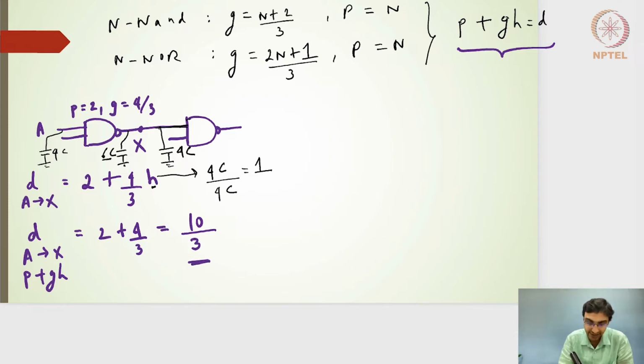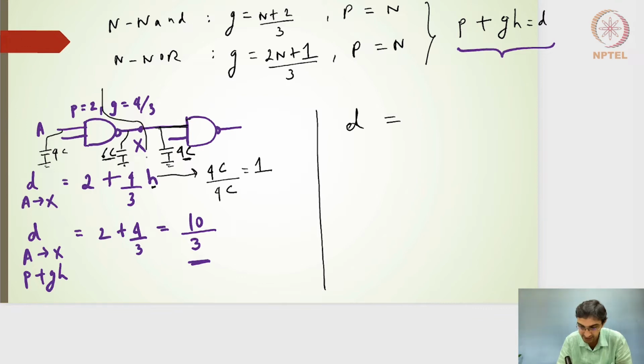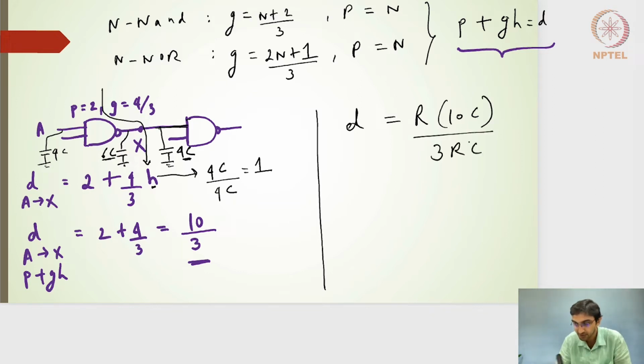So let's try to validate this using my own capacitance model. I've written the capacitance model here, 6C and then 4C. I need to find the normalized delay, so I'm going to write the overall delay, assuming the switching resistance for charging and discharging is R. So R into the 10C capacitance seen at the output node, divided by 3RC coming from the inverter delay.